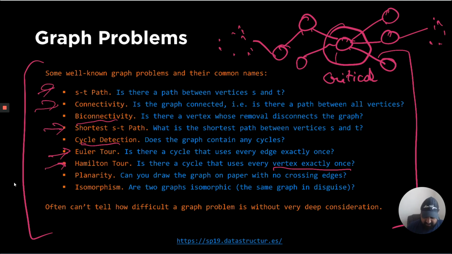The next question is planarity, which is whether the graph is a planar graph or not. If you draw the graph on a piece of paper, will it have any crossing edges? Let's say we have these two nodes, and this is the graph.